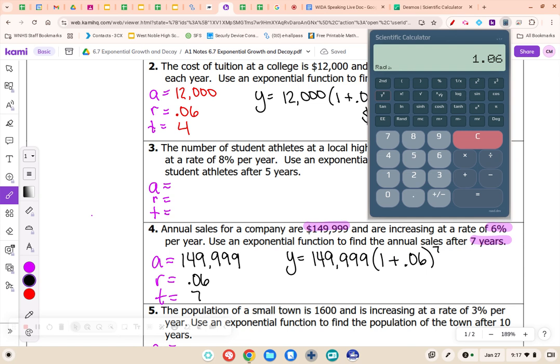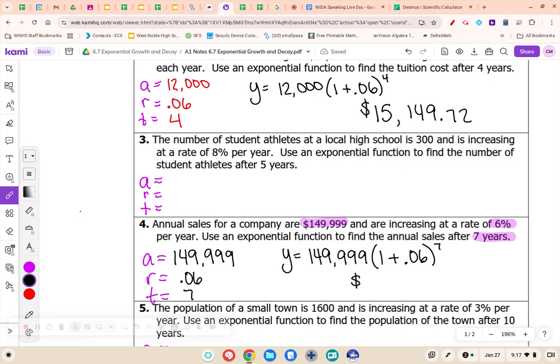I can do that in my head pretty easy. That's to the 7th power. And then I multiply that by 149,999. And this annual sales after 7 years should be up to $225,543.04.